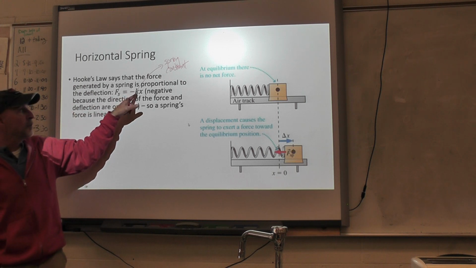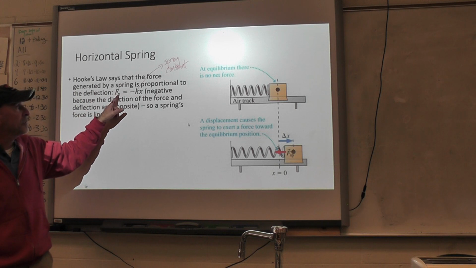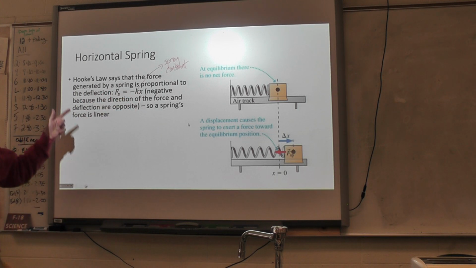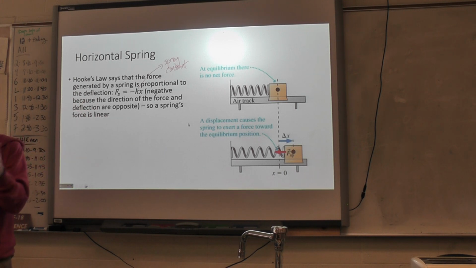So effectively what we're saying is there is a linear relationship between the force exerted by a spring and its stretch or squish. We call the stretch or squish deflection. And it doesn't matter which one we're talking about. You get the same amount of force either way. If you pull it 1 centimeter, you get the same force as if you squish it 1 centimeter.